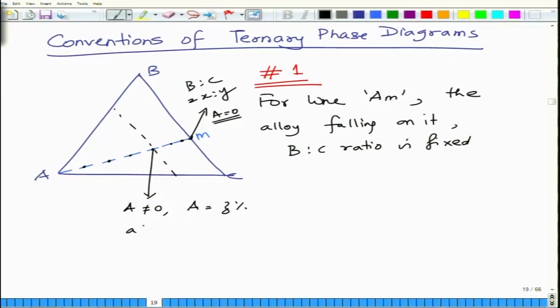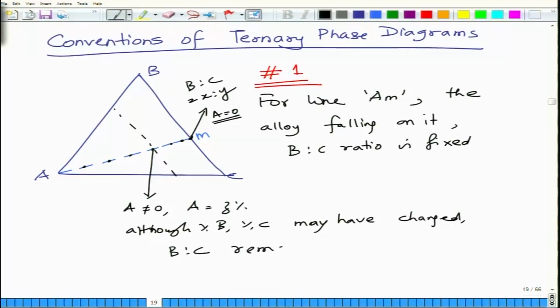So although the absolute percentage of B, C may have changed, the ratio B is to C remains X is to Y. The percentages might have changed, but the ratio remains the same.